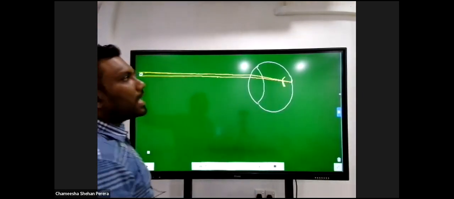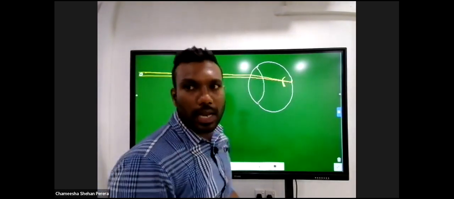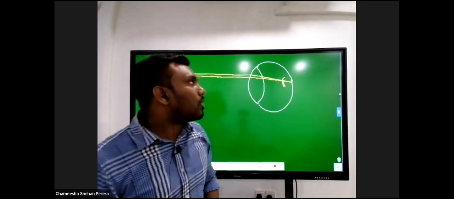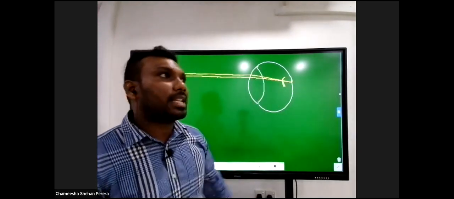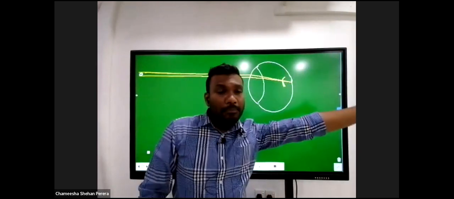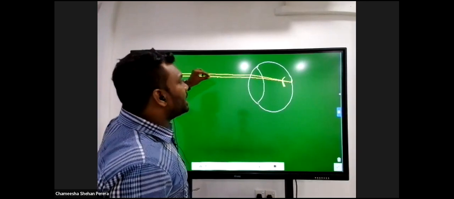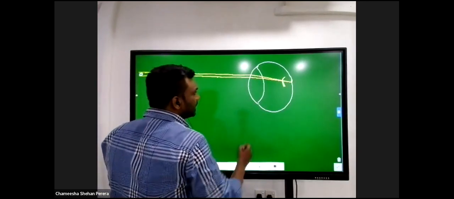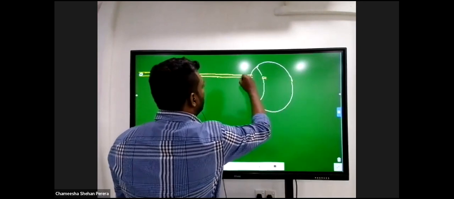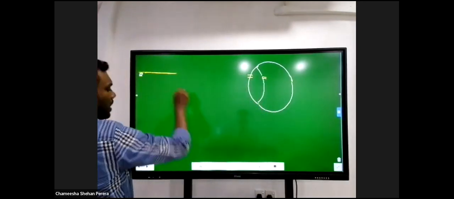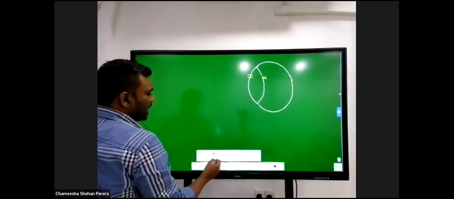So because of that, you will not be able to see the size of the image at all. It's not because of a disability of your eye, it's because the object is too far away, and because of the distance, the light reaches your eye as a single ray.